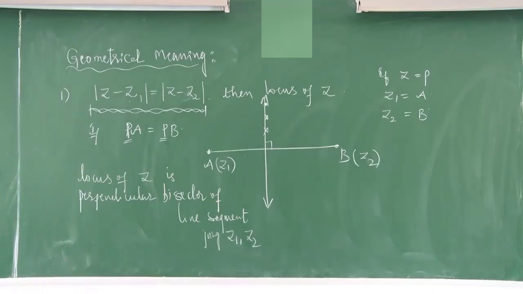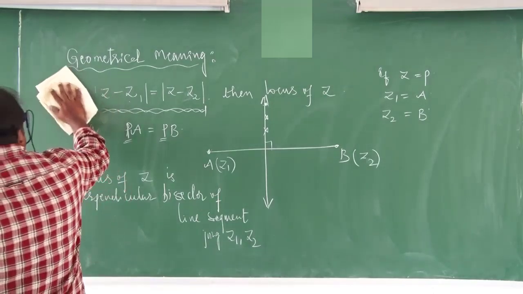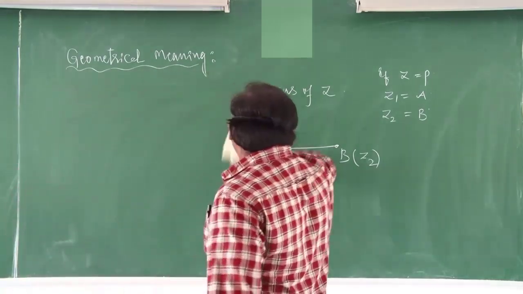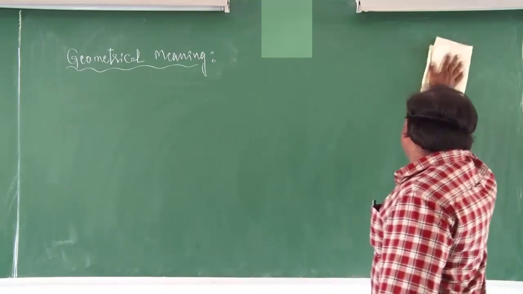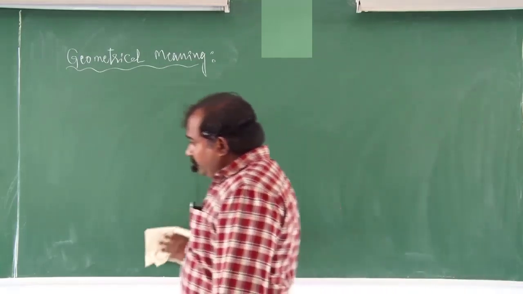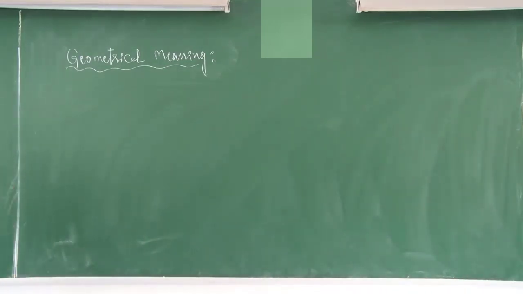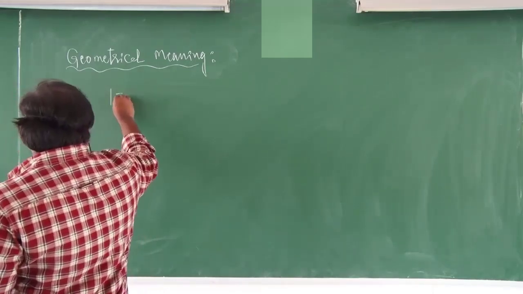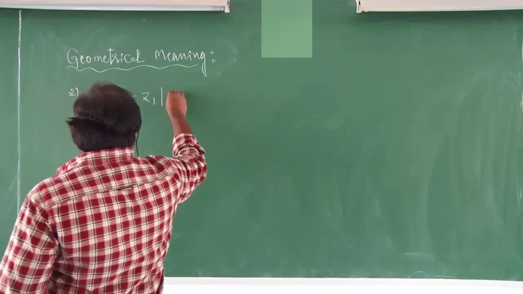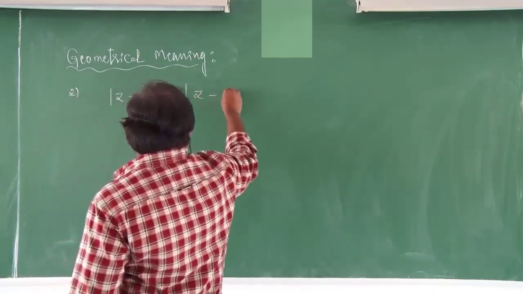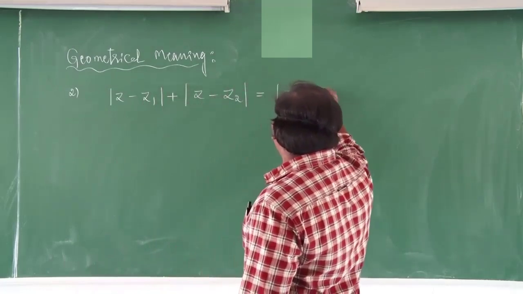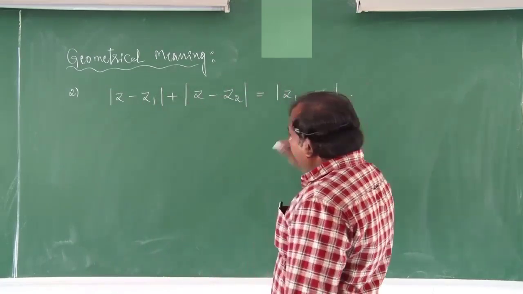Next, ma'am. One more point. If they give the condition, next one, this one: modulus of Z minus Z1 plus modulus of Z minus Z2 equals modulus of Z1 minus Z2.